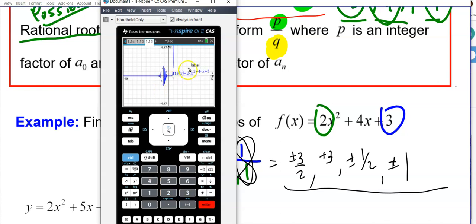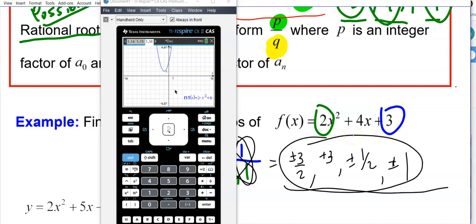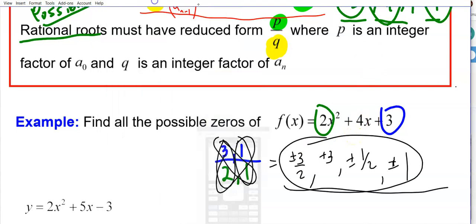It helps not to write it all in the exponent spot here. 2x squared plus 4x plus 3. There we go. So it looks like this doesn't cross the x-axis at all, so it doesn't have any real solutions. It only has a couple of imaginary solutions. It would have 2 solutions since it's degree 2. So none of these are actual solutions. Those are just the possible rational solutions. If there are rational solutions, they're going to come from one of those.